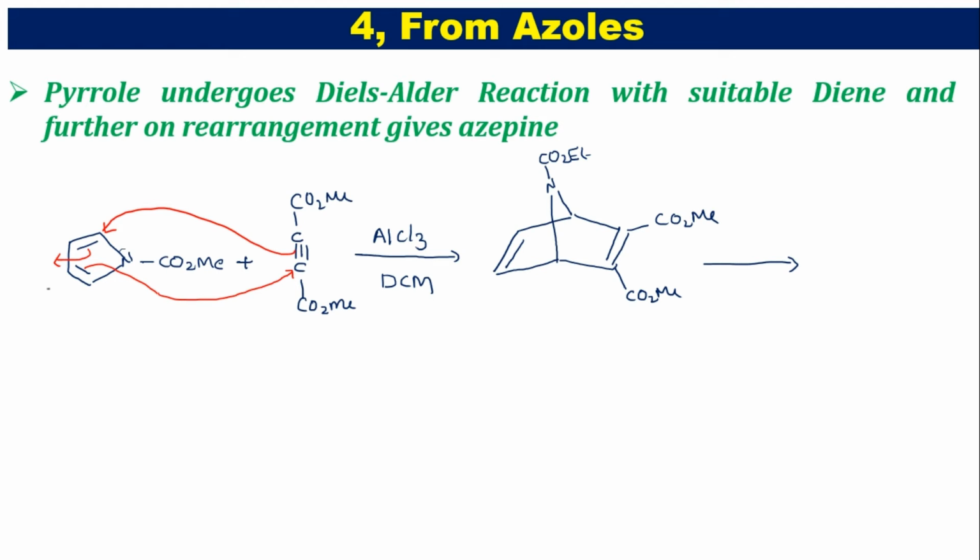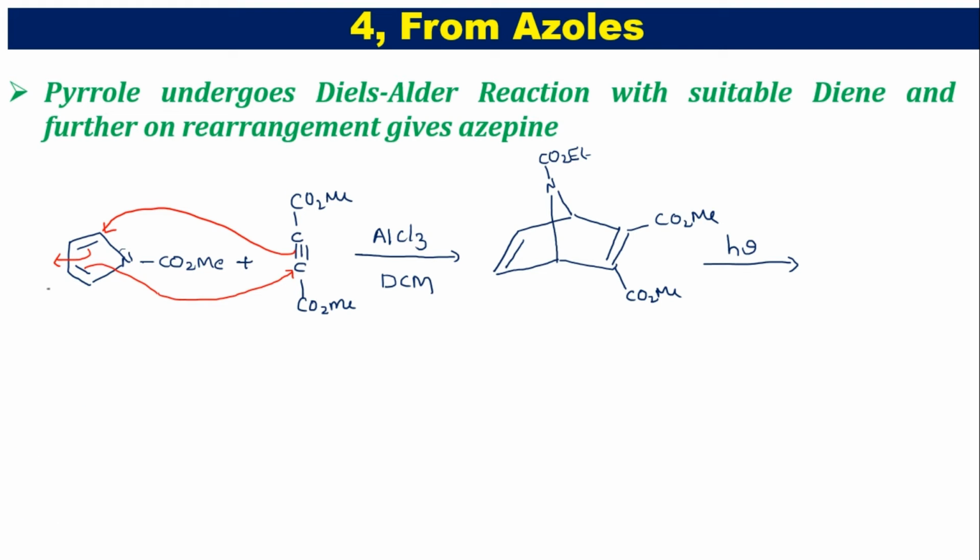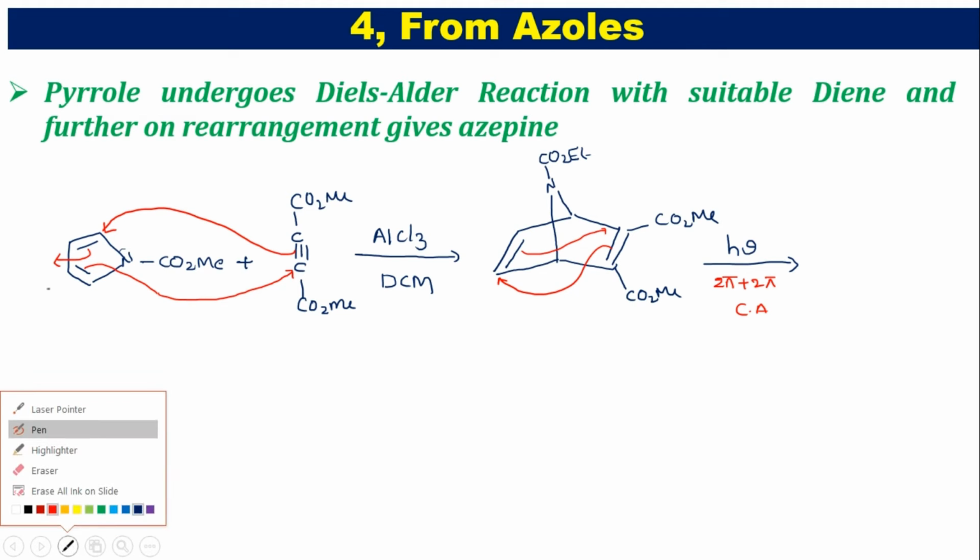So after that, this Diels-Alder reaction adduct undergoes a cycloaddition reaction in the presence of light. In the presence of light, of the two pi bonds there, this pi bond attacks here. Now this pi bond is going to attack here. This is undergoing a 2pi cycloaddition reaction.